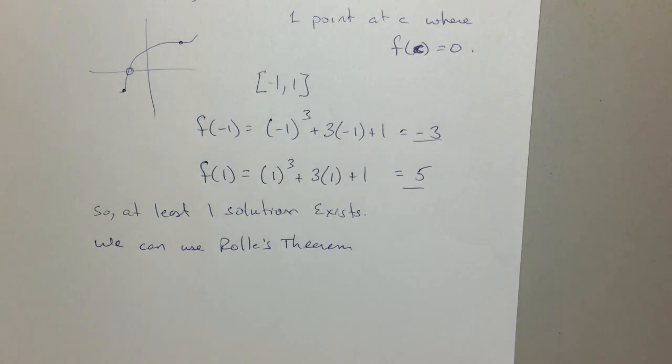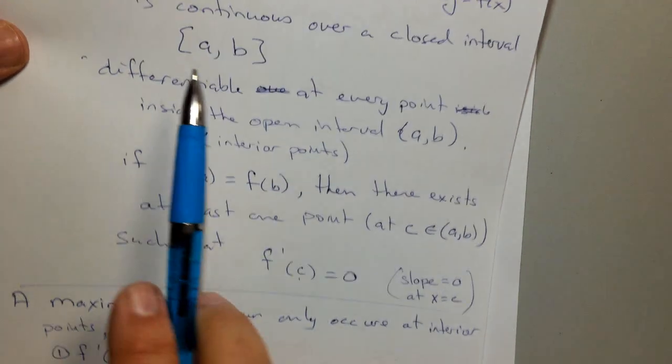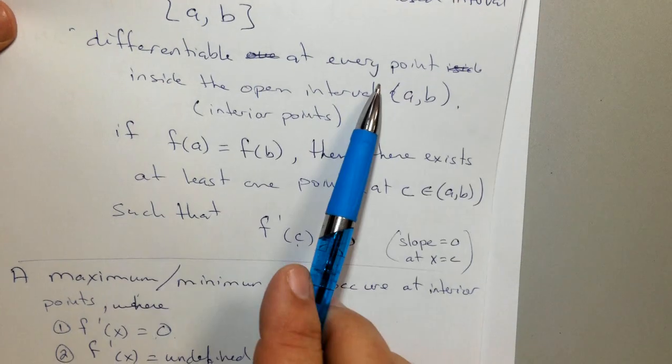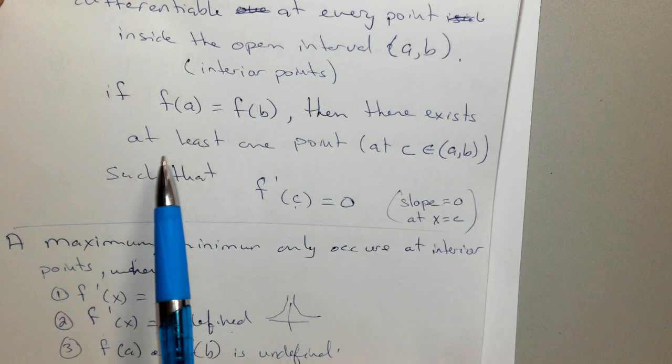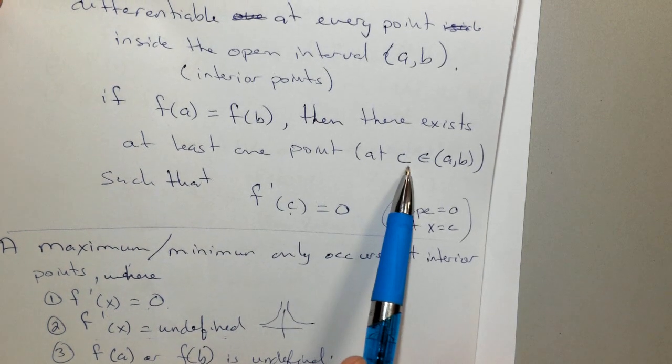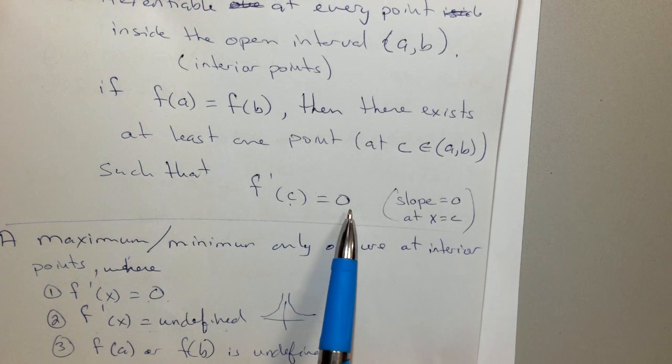Remember, Rolle's theorem. It's continuous, it's differentiable. So if f of a equals f of b, then there exists at least one point c inside the interval such that f prime of c equals 0.